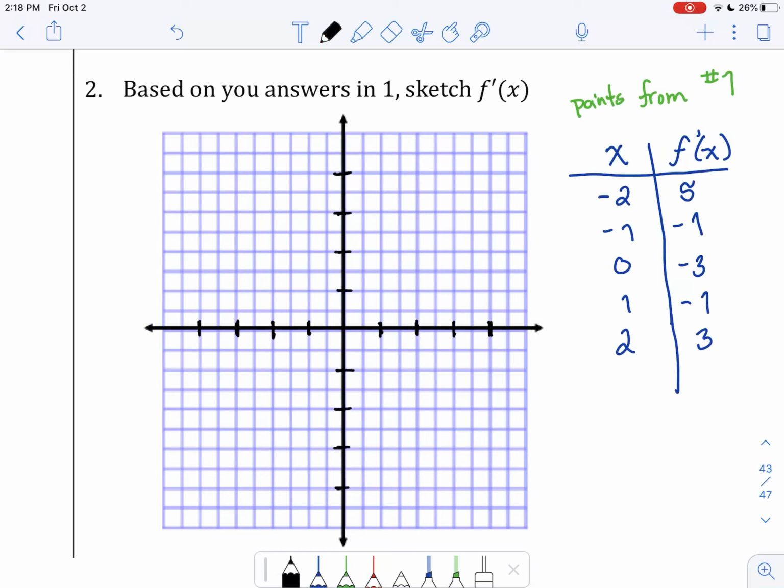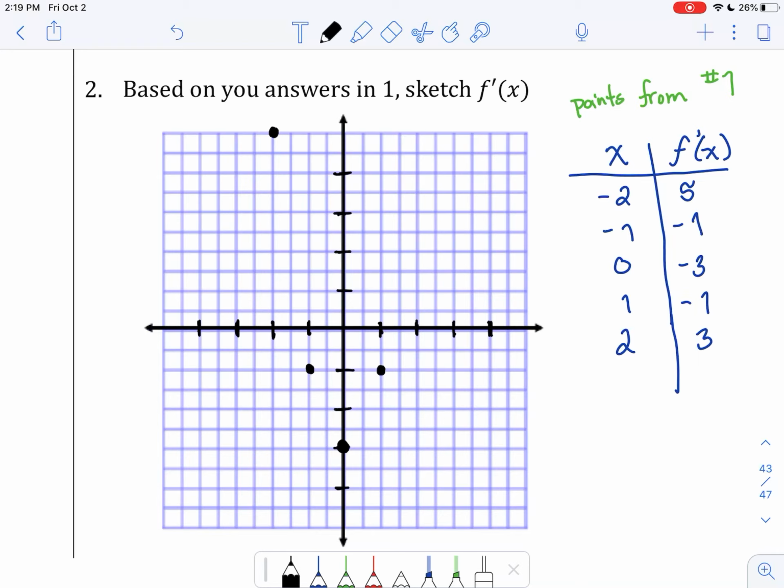And now we're going to plot them on here. And we'll plot them the same way we would if these were a traditional function. We'll take our ordered pairs. -2, 5 would be a point there. -1, -1; 0, -3; 1, -1; and 2, +3.